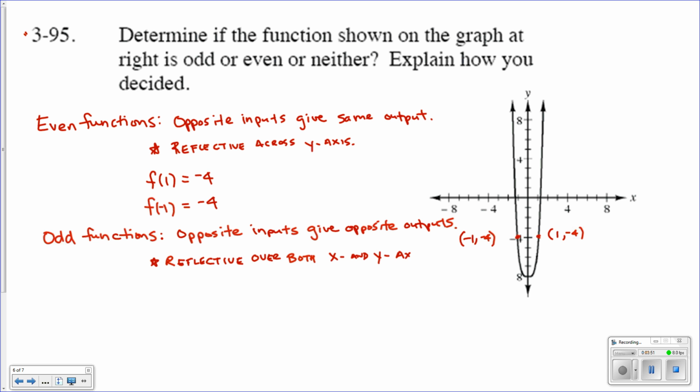Ooh, axes. I'm going to say A-X-E-S. If I spelled it wrong, so sorry. And then you could also say that this one has 180 degrees rotational symmetry about the origin.